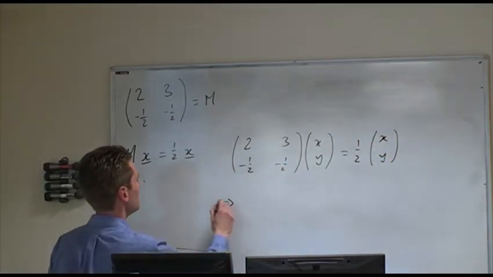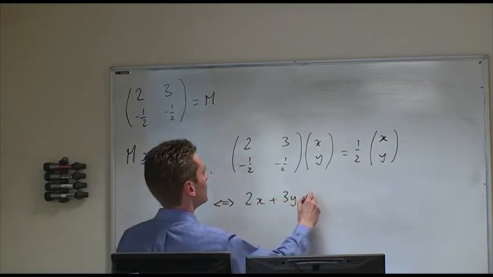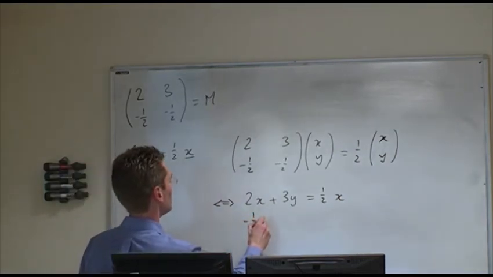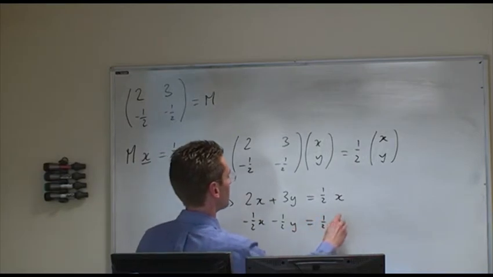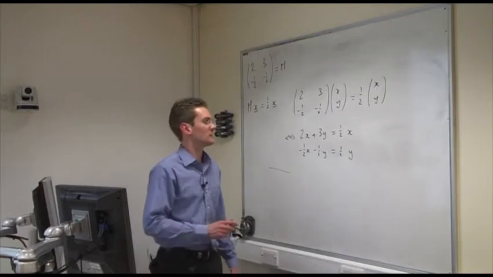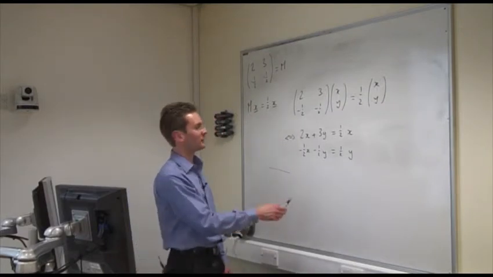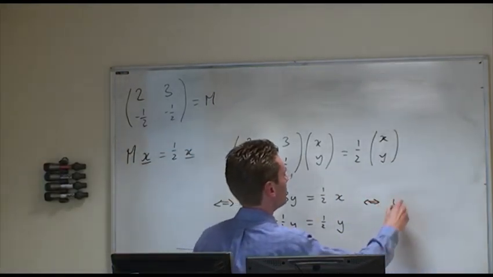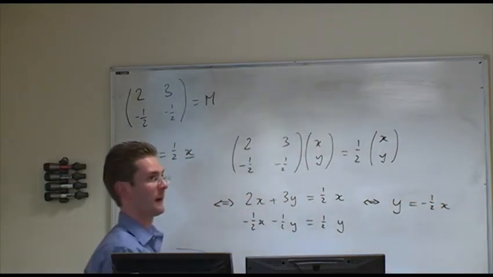Again, this gives me two simultaneous equations. 2x plus 3y equals 1/2 x, minus 1/2 x minus 1/2 y equals 1/2 y. Again, these two equations collapse to give one equation. Let's use the bottom one for variety. I'll move the 1/2 y over to the other side, which conveniently tells me that y is equal to minus 1/2 x.